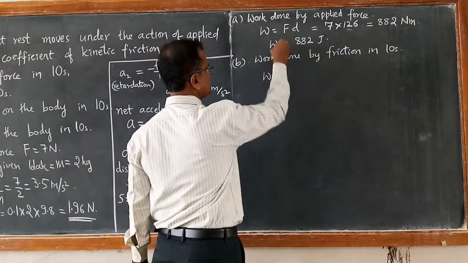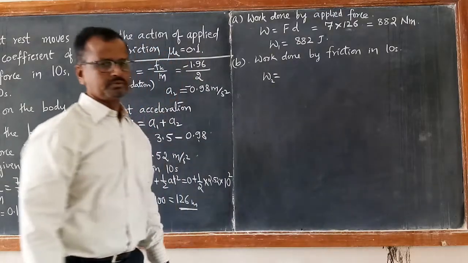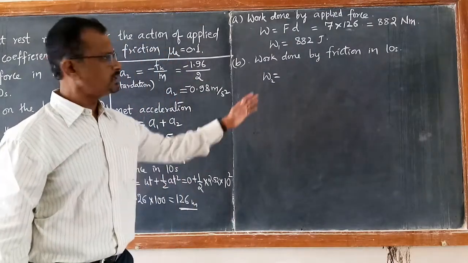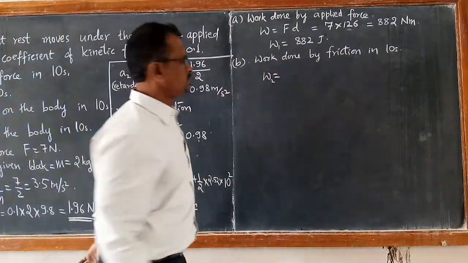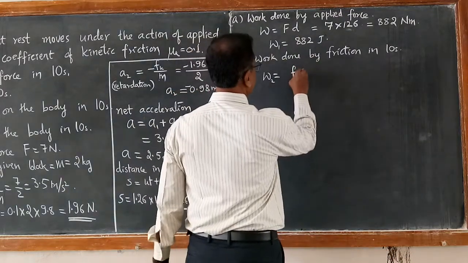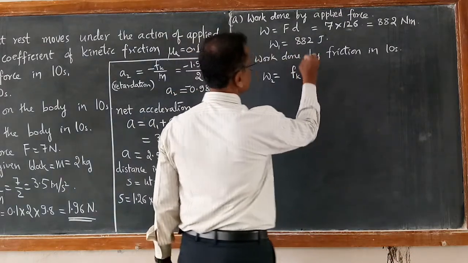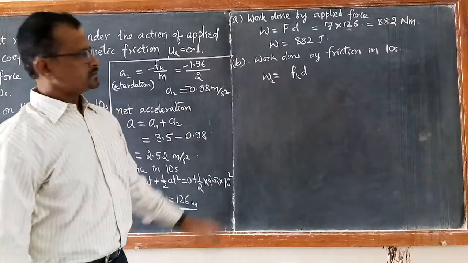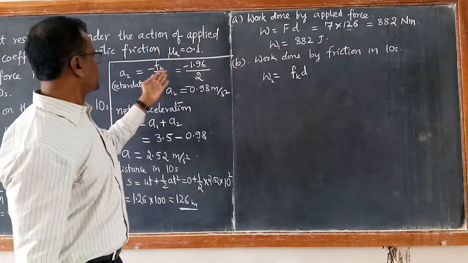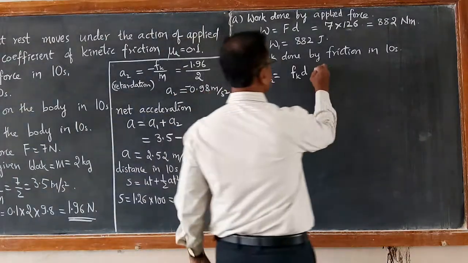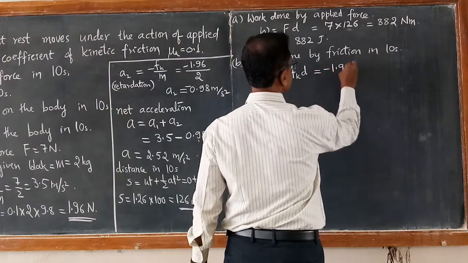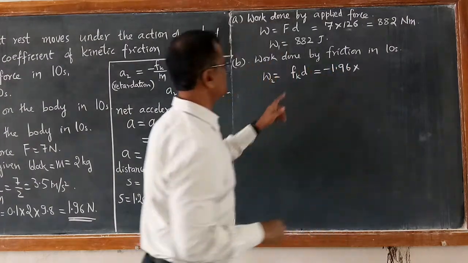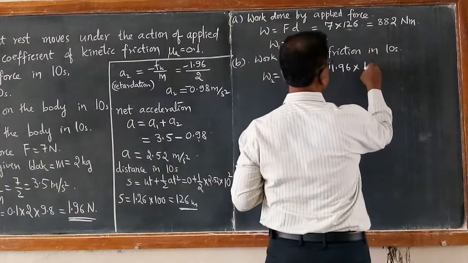You call this one W1, this one you call W2, right? W1, W2 by the friction. So Fk into displacement D. Fk is negative, as we have taken here 1.96. So minus 1.96 into displacement, which is 126.